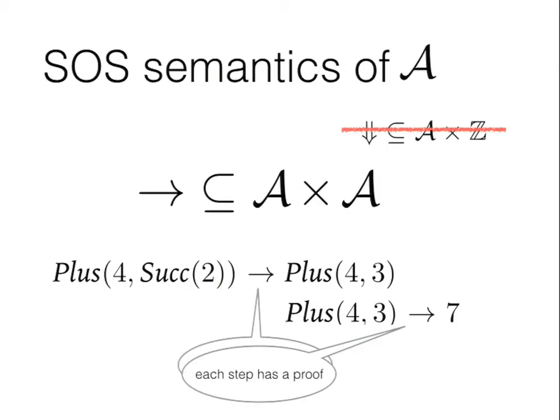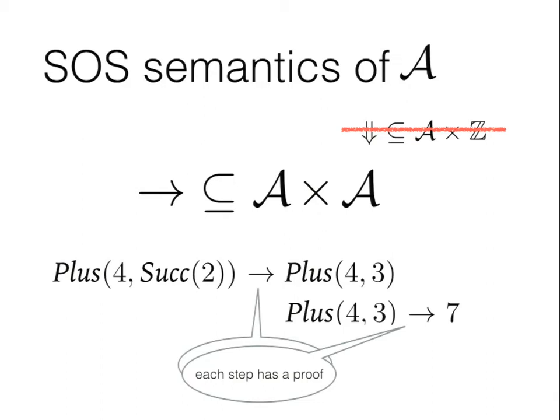So now I'm going to show you a different flavor of semantics. This is called a structured operational semantics, sometimes called a small step operational semantics. The idea here is really just a refinement of what we've seen already. We started with a relation that tells you for any given expression what it means, and this is going to tell you how the computation proceeds to get to that answer.